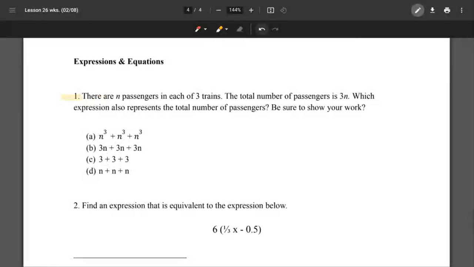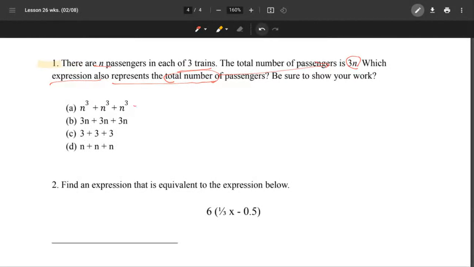Expressions and equations. So number 1, there are n passengers in each of 3 trains, and the total number of passengers is 3n. Which of the expressions also represents the total number of passengers? Okay, so we're looking for an expression that represents the total number of passengers, which was 3n, right?